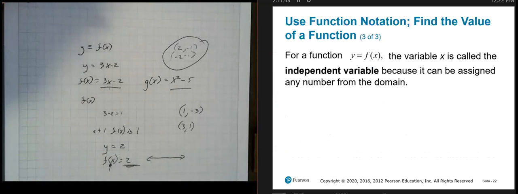Okay. So we have independent variables and dependent variables. X is called the independent variable because it does not depend upon another number to happen.